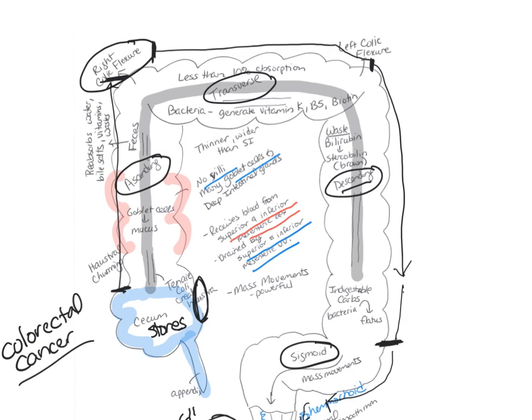The goblet cells produce a mucus, and the mucus provides lubrication to help the dry fecal material move through the intestines. These goblet cells are stimulated to begin secretion whenever there's any type of local stimulation. The friction and the harsh chemicals of the materials that are coming into the large intestine are going to stimulate those goblet cells to start secreting mucus.